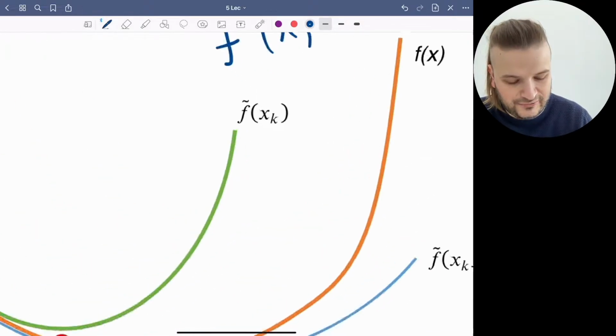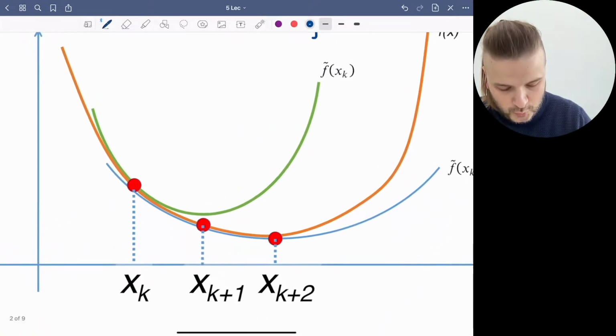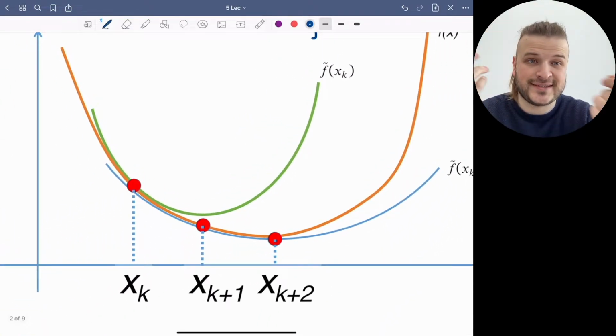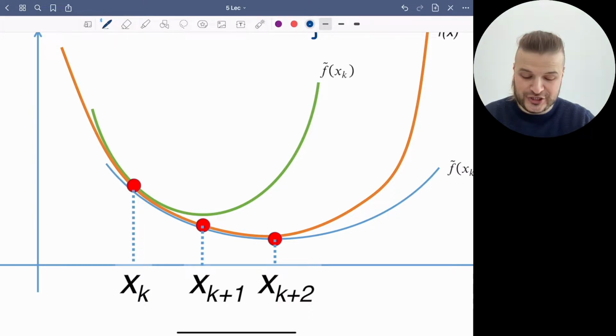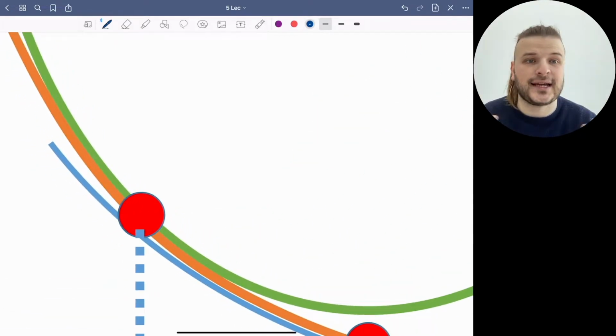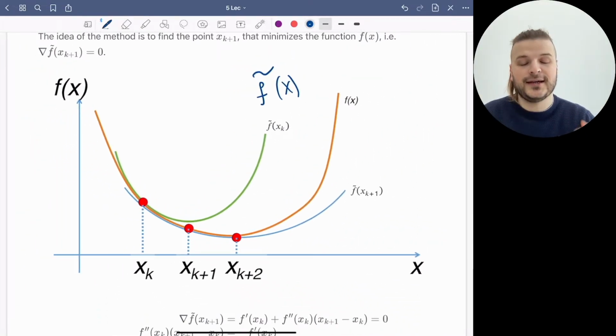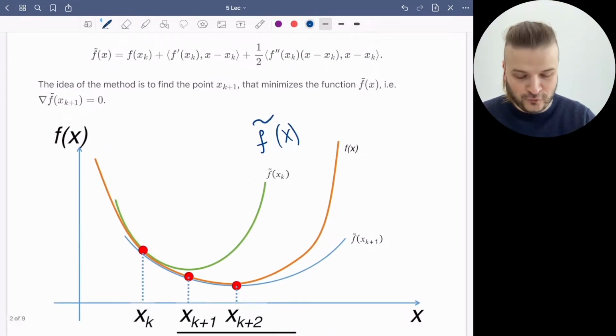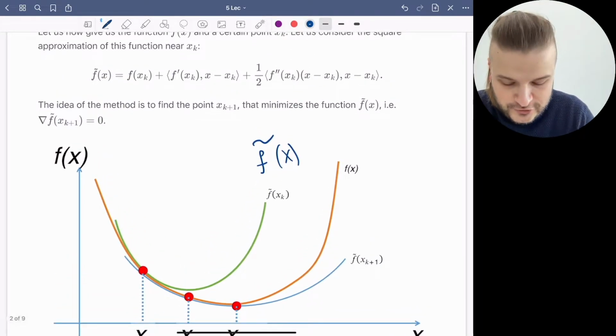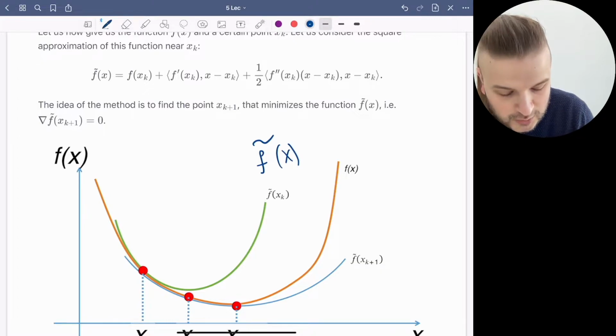That's why we have xk here. We can write down the exact parabola which is locally the best second order approximation. And Taylor gave us the formula for this specific purpose.